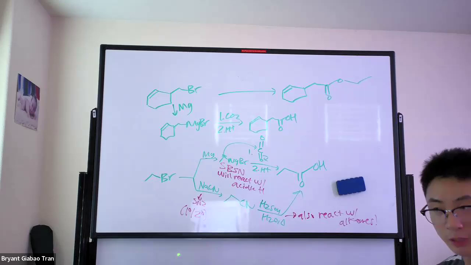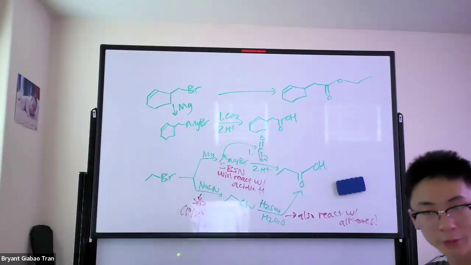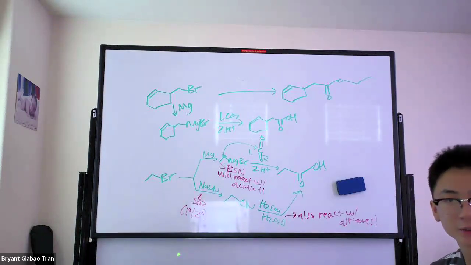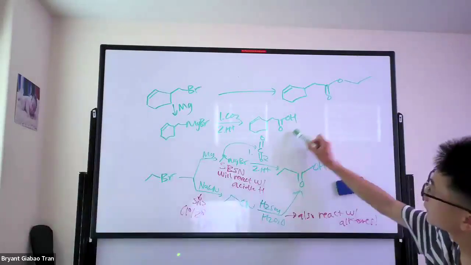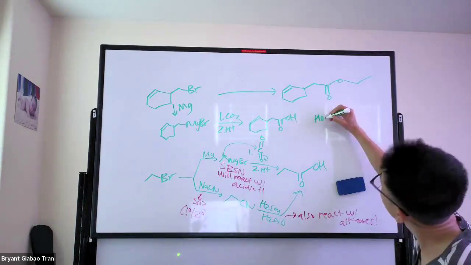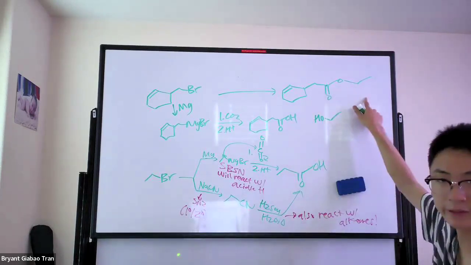An ester? That's the product that we want to go for, but what's the functional group of the reagent to create that ester? Carboxylic acid is the starting material. The reagent is going to be an alcohol, right?